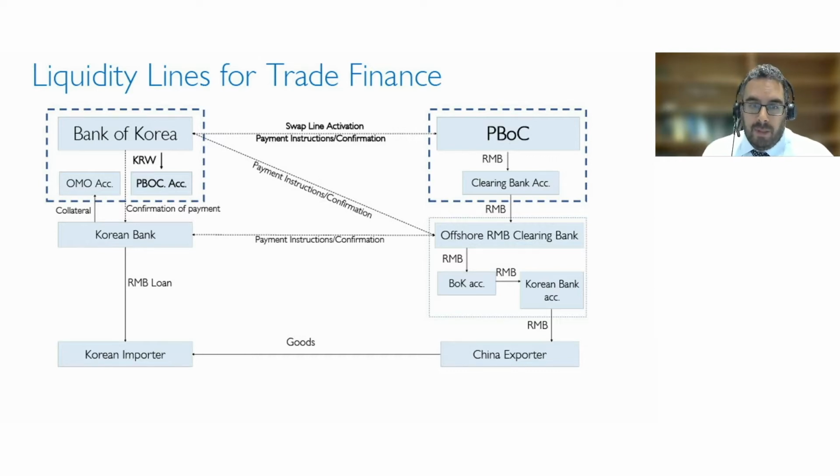The PBOC would essentially deposit money in an offshore bank account for the Bank of Korea. And then in a corresponding transaction, the Bank of Korea would deposit Korean won in an account for the PBOC. And this Korean won would serve essentially as collateral for the PBOC's loan.